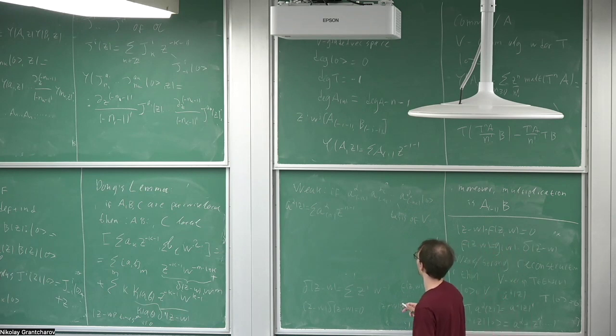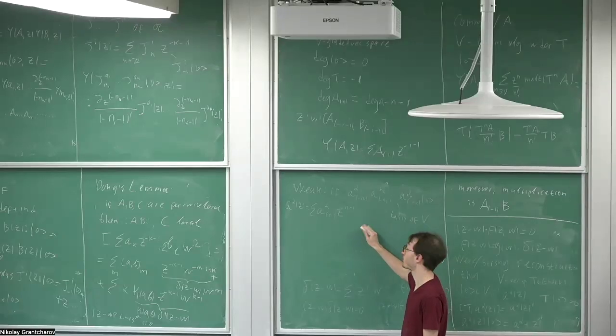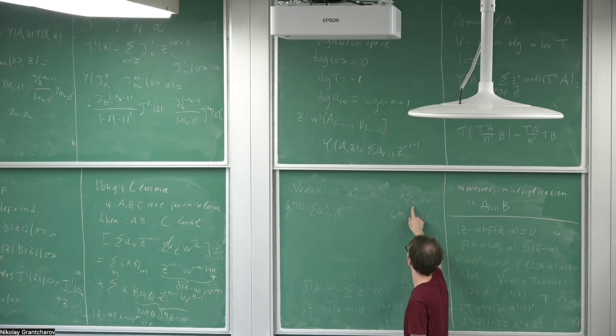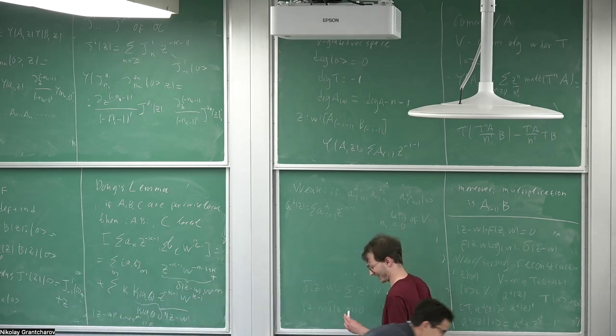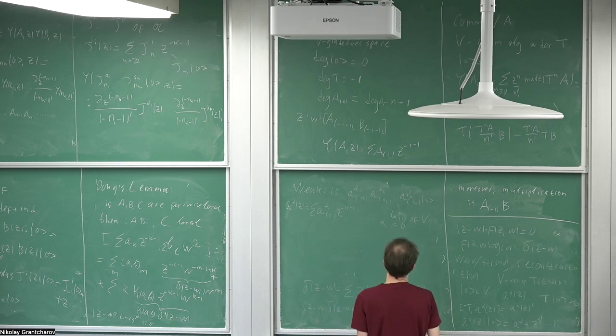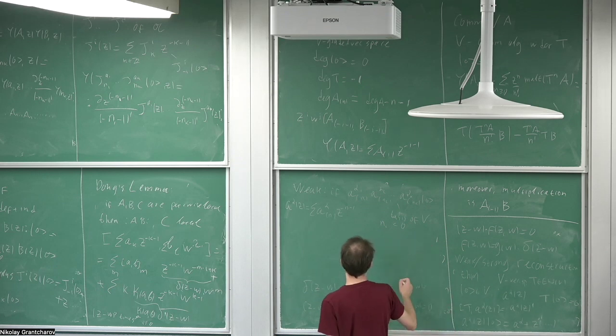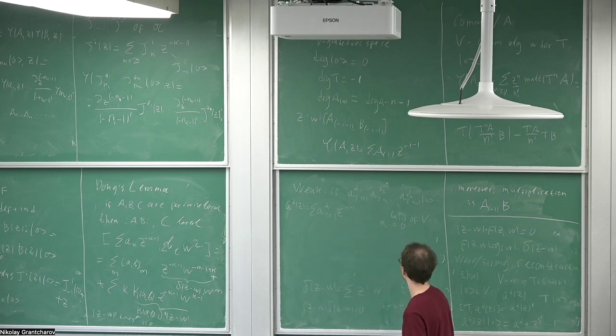then I lexicographically order. So I take all the possible sequences of n1 through nk and alpha 1 through alpha k, where ni are strictly less than 0.